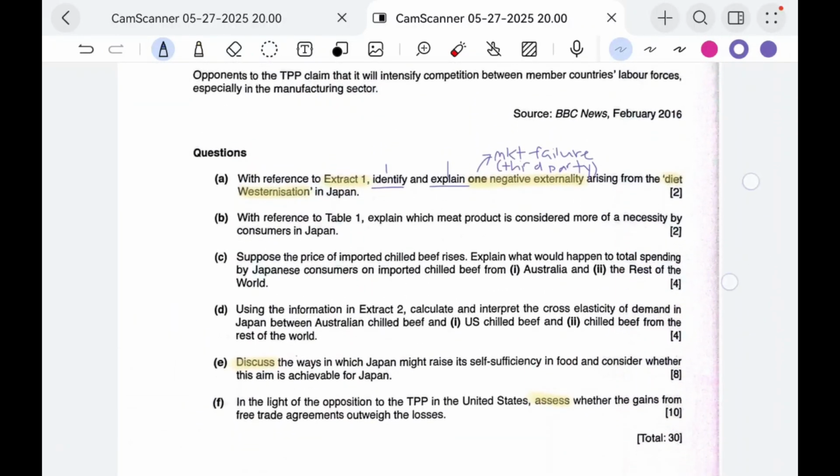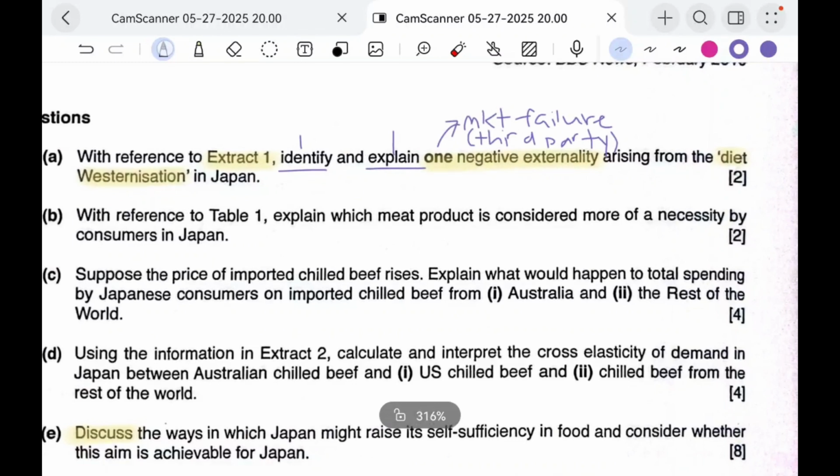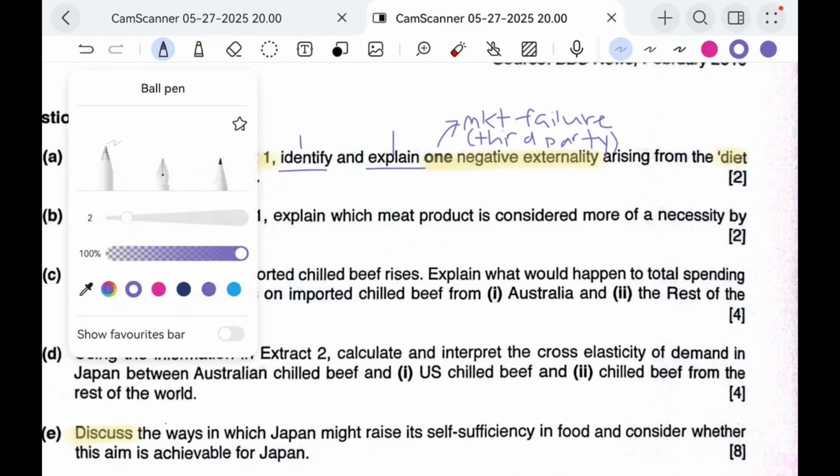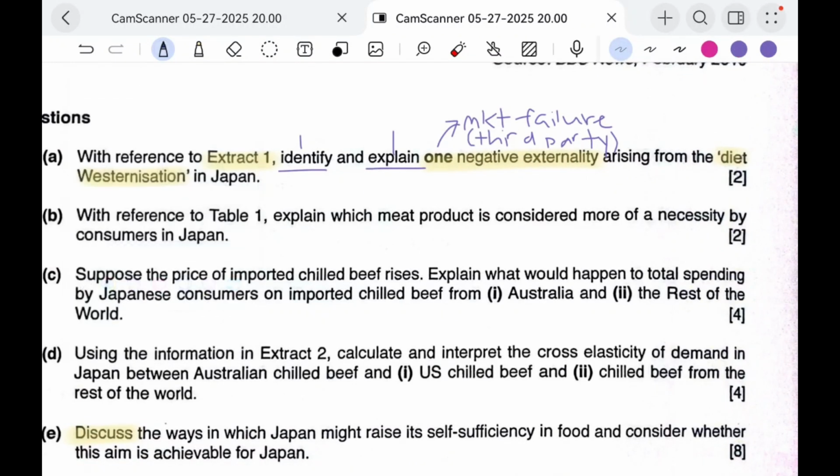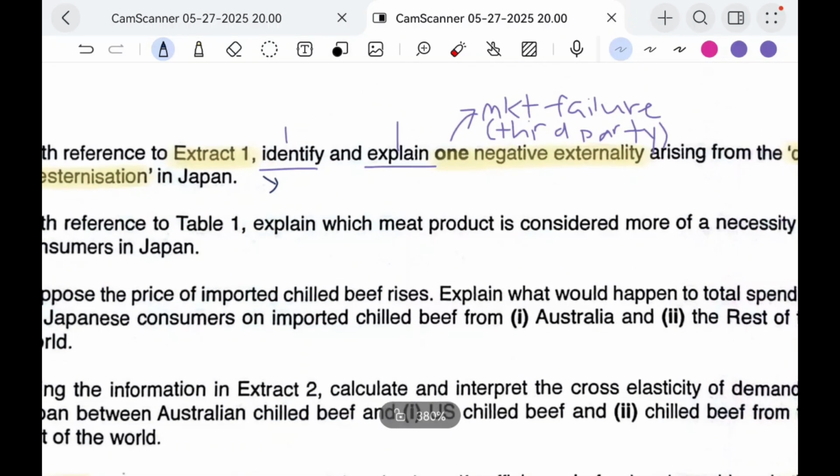Okay, so for part 1, explain and identify. So we have identified the negative externality, which is that when the person becomes obese due to more meat consumption, there are more instances of being sick, diseases, so they have to be excused from work, they will be weaker.